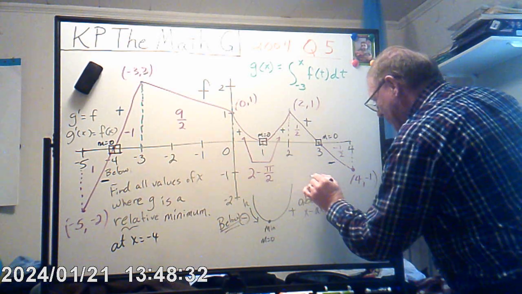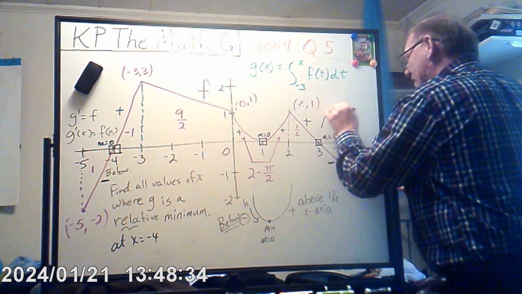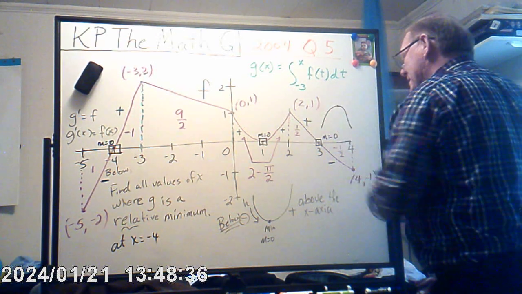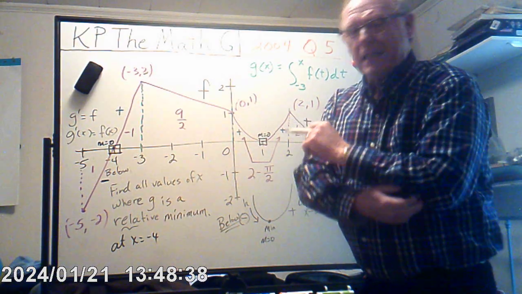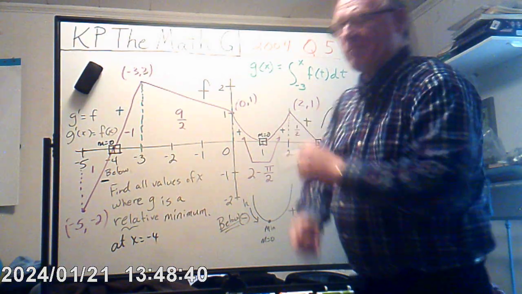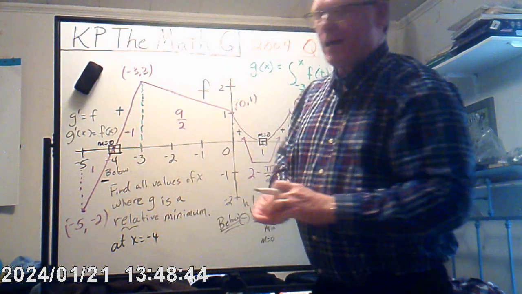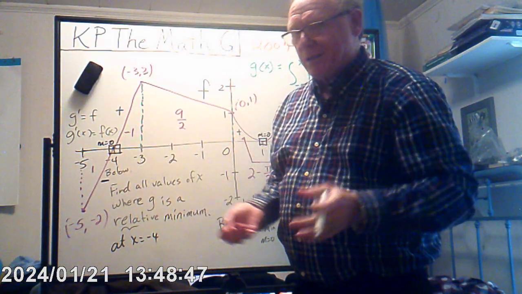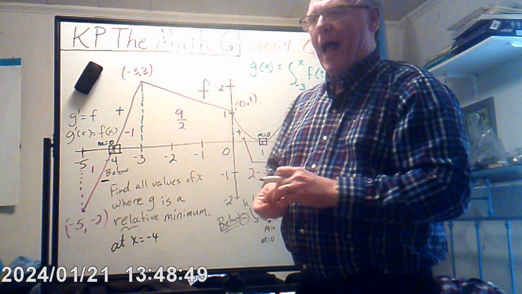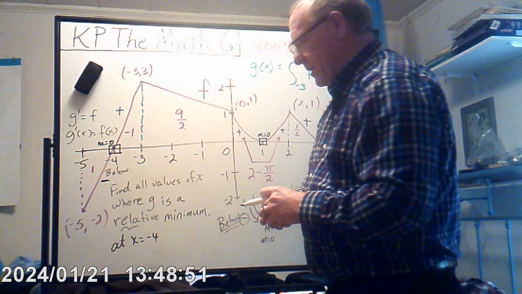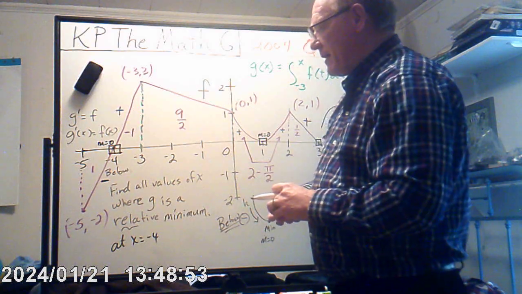This is probably going to be where a max is. Maybe a relative max, maybe an absolute max. And this could be a relative min or an absolute min, which I could show you in another video about absolute. But we're just looking for a relative minimum.